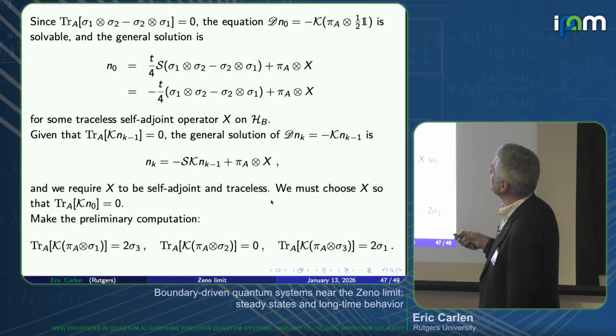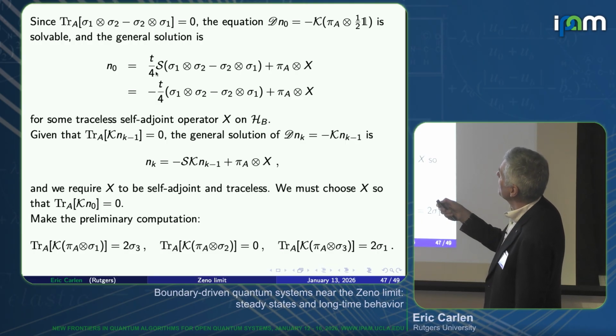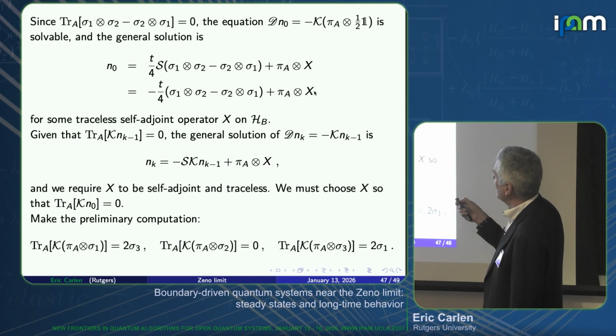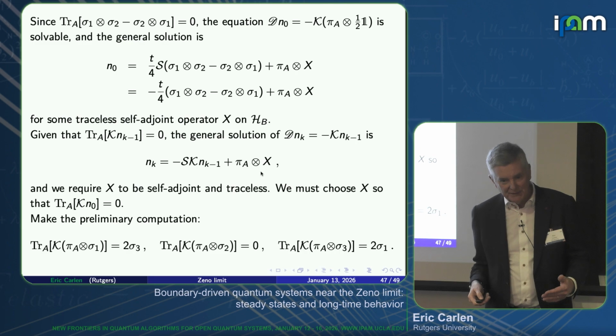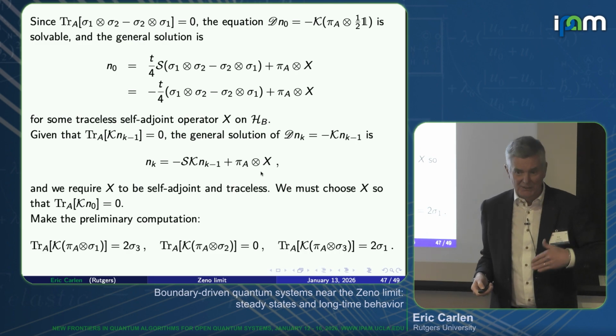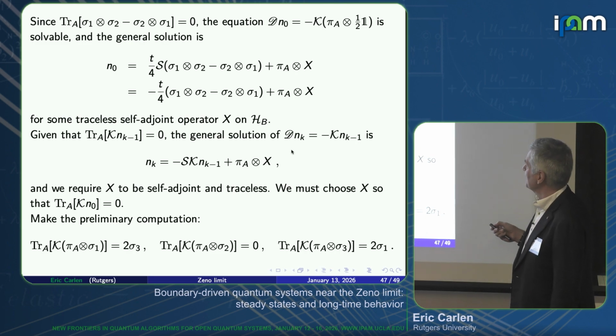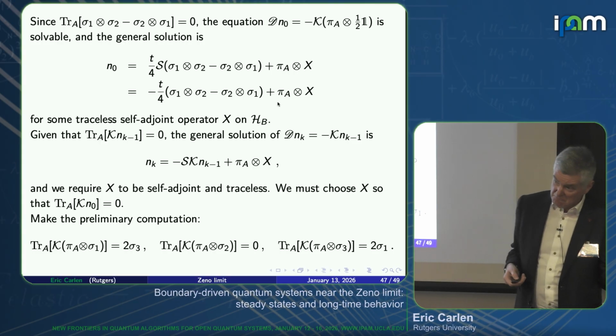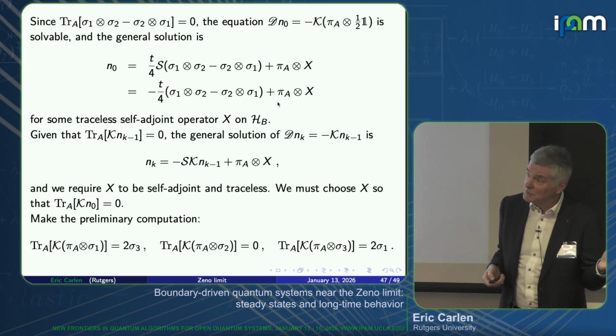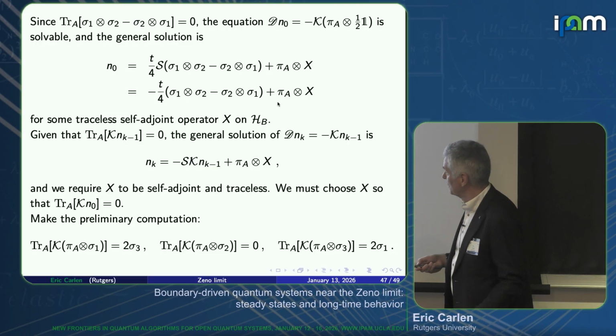So the general solution is going to be the generalized inverse, which just puts in a minus sign on these things, plus the general thing in the kernel. And then you have to figure out what that is. The way that works out is this is going to show up in the compatibility conditions for the next 2 stages. So you first get the part of X, which is some traceless self-adjoint matrix that's in the range of KP, and then the part that's in the kernel.